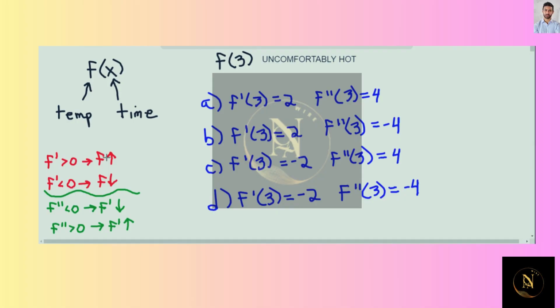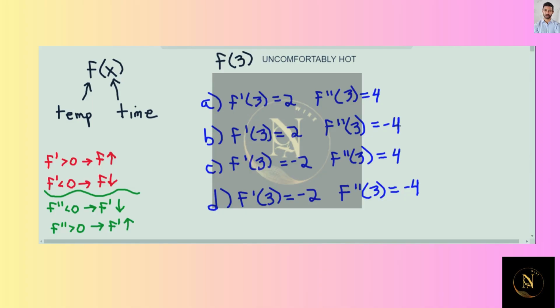If F prime is positive, that means the function F is increasing. So F is going to be increasing in part B because the first derivative is positive. So if you're already uncomfortably hot at 3 hours, and F prime is positive, meaning the function is going to increase, it's going to get hotter after the 3 hour mark. So you're already uncomfortable, you're going to get more uncomfortable.